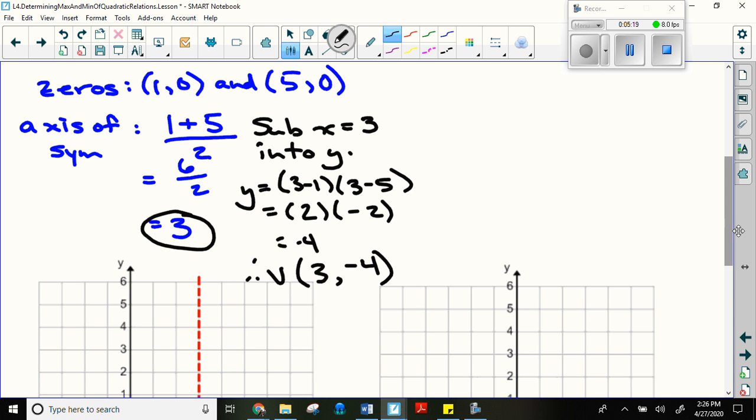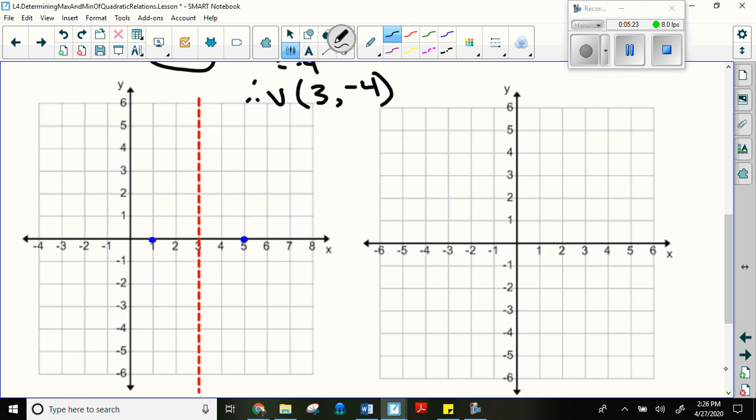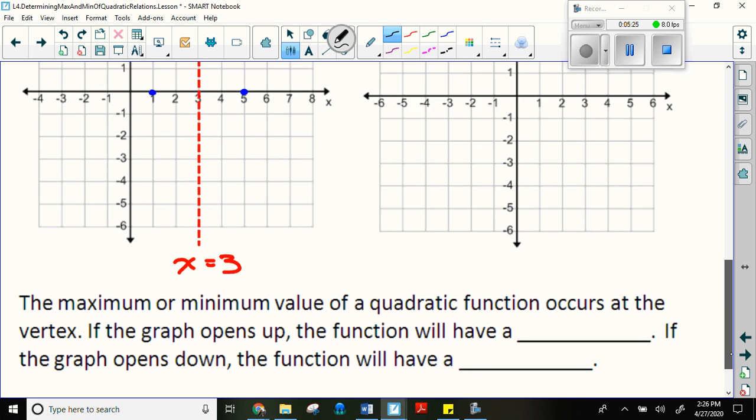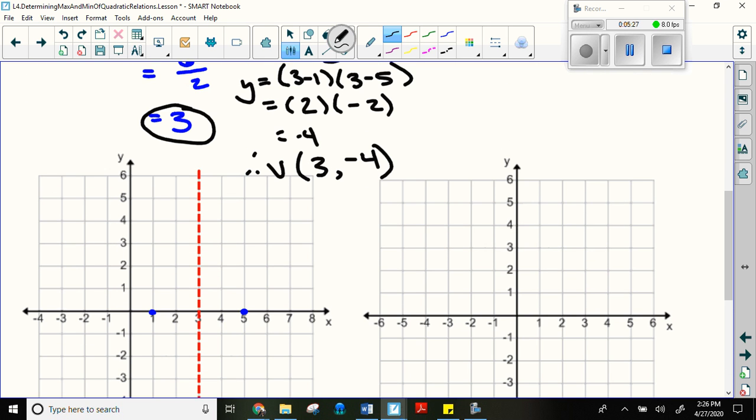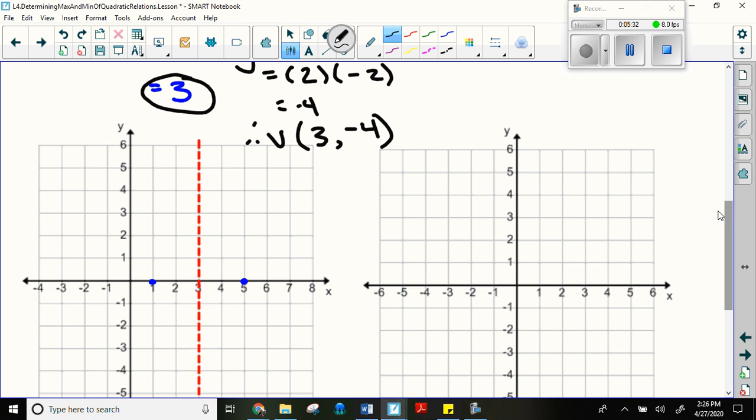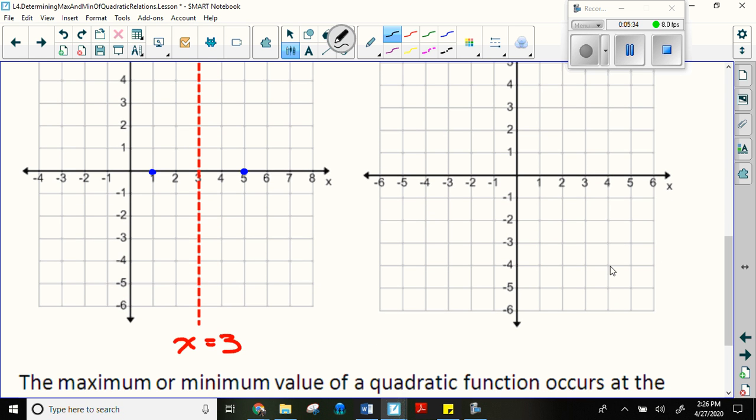So then we would go down here and we would go, let's try it again. You can do it. Just the nice words, just the good ones. Okay, 3, -4. And then we would join our quadratic.